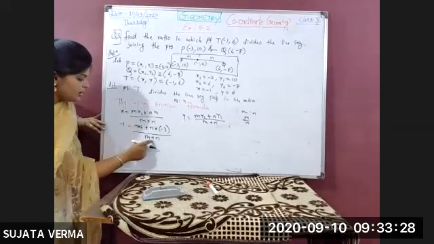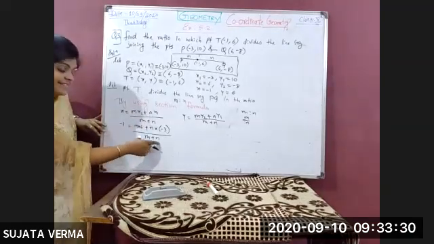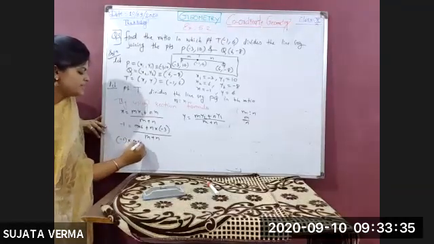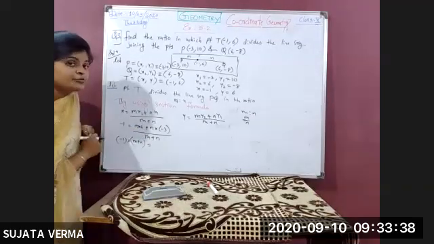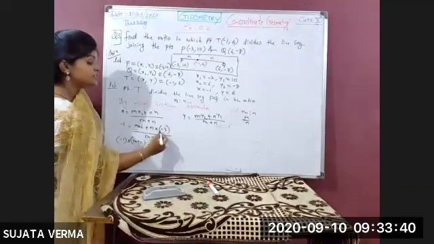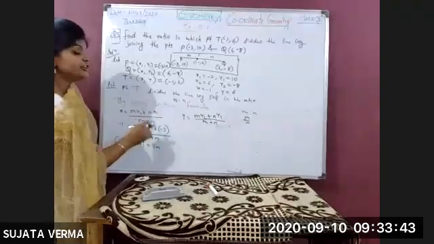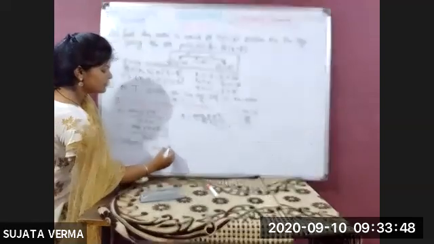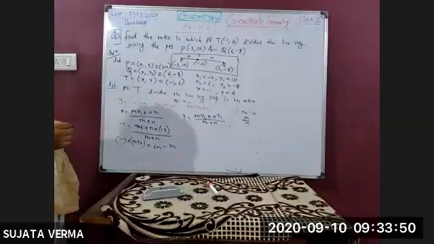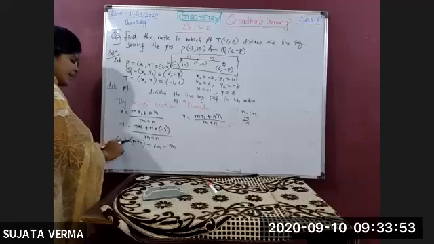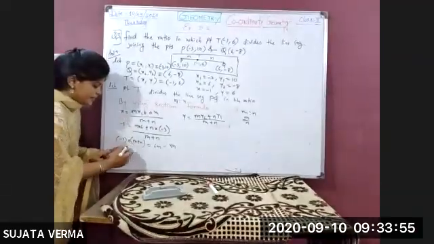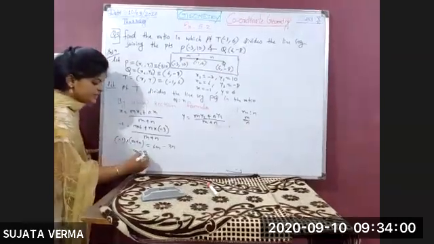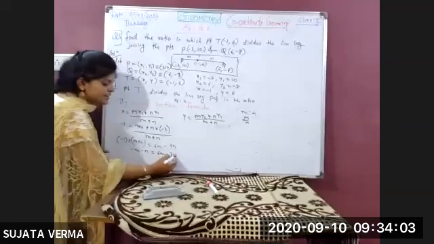Okay. Now, when we take this denominator to the left-hand side, -1 into (M plus N) equals 6 into M, 6M, and -3 into N, that is -3N. Clear? Okay. Now, multiply -1: -1 into M is -M, -1 into N is -N, equal to 6M minus 3N.